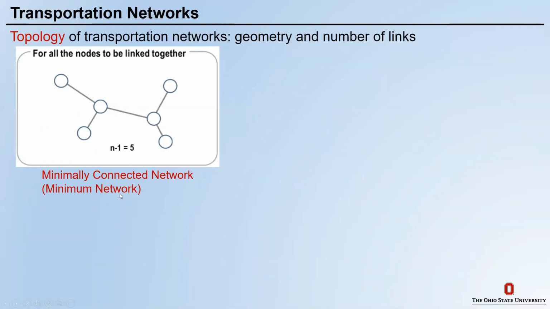It is also called as minimum network. So how many links do we need for this minimum network? The number is calculated as n minus 1, and n here represents the number of nodes. So here we have 1, 2, 3, 4, 5, 6 nodes, 6 minus 1 equals 5, right?